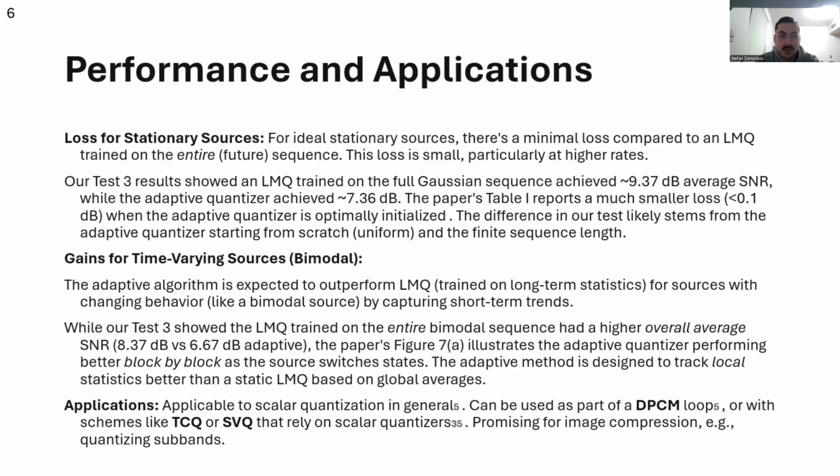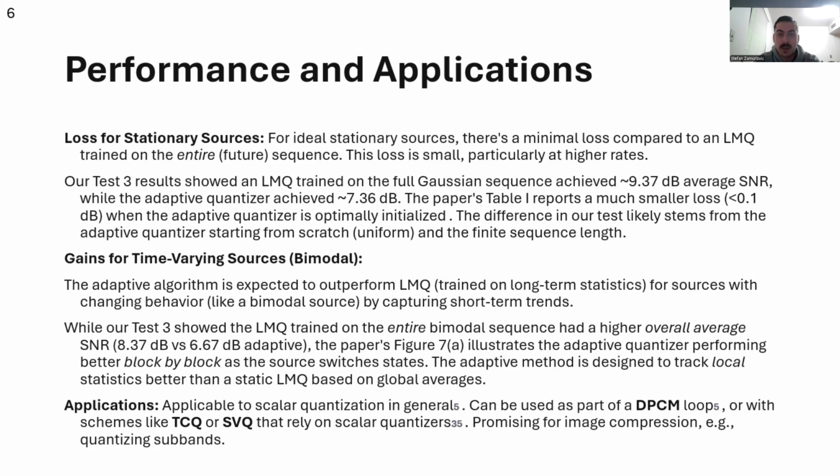The LMQ trained on the full Gaussian sequence achieved 9.37 dB average SNR, while the adaptive quantizer initialized from scratch achieved 7.36 dB. This difference likely reflects the adaptive quantizer's startup phase and the effect of the finite sequence length used in the test. However, the strength of the adaptive algorithm lies in handling time-varying or non-stationary sources.